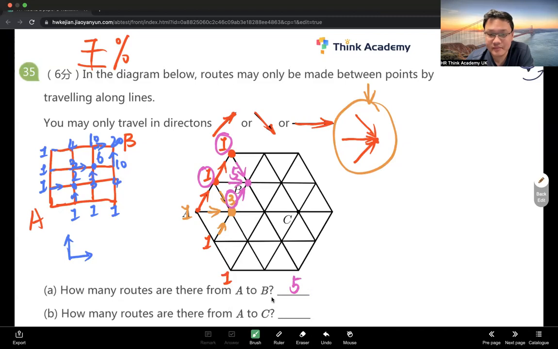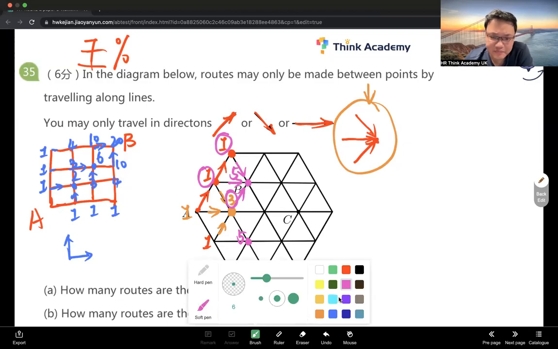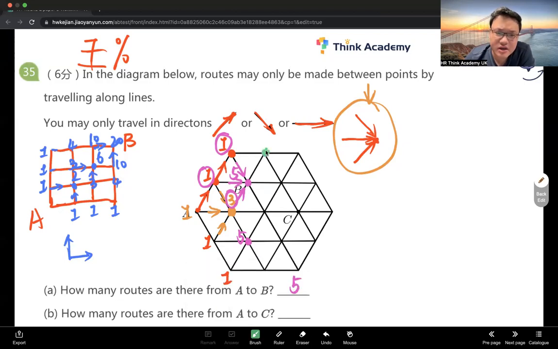And actually, if there are 5 ways to go to B, then that'll be 5 ways to go to this position as well. It's gonna be 5. And then, let's see, how many different ways can you go to this point?